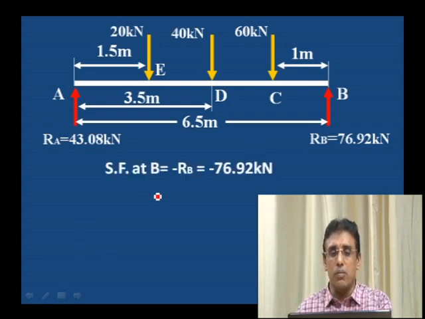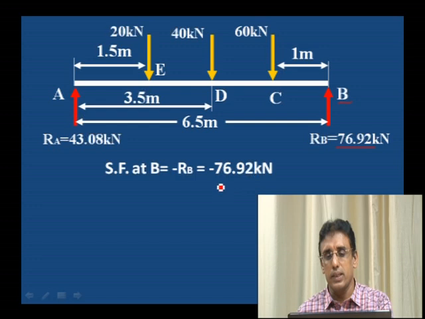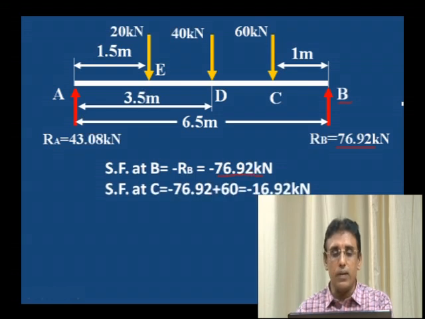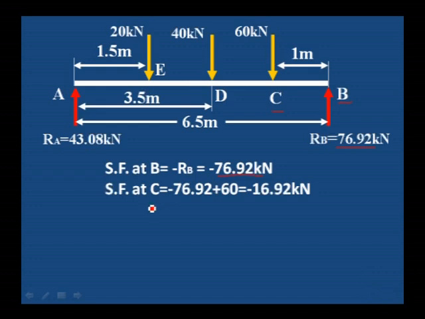Shear force at B: always the shear force at a support will be equal to the reaction. Reaction is 76.92. It is a minus value because it is an upward force. To calculate shear force at C, minus 76.92 is the value at B, plus one point load is added, 60.